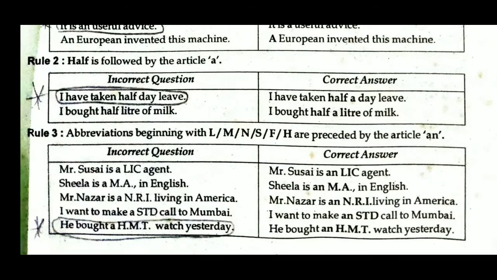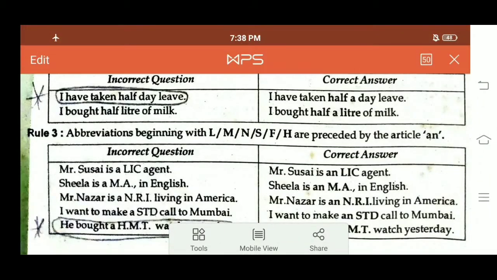Whenever you find abbreviations, that should be preceded by an. Mr. Susai is a LIC agent is incorrect. Mr. Susai is an LIC agent. Sheila is a MA in English is incorrect. Sheila is an MA.